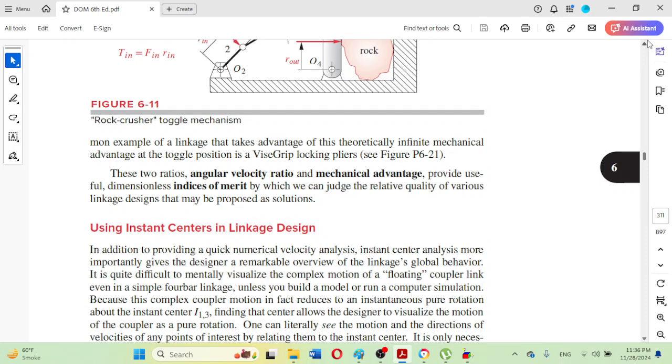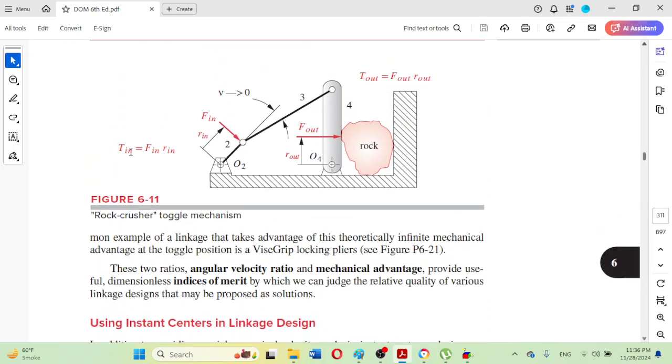So here in figure 6-11, this is the effective input radius, and this is the force that is actually applied by the link 2 at this input pin, the common joint between this coupler link and this crank link.